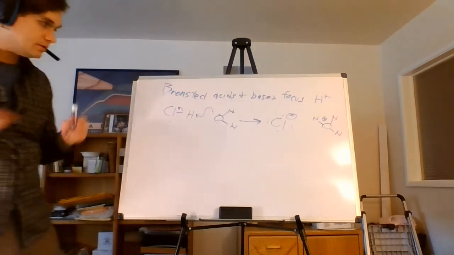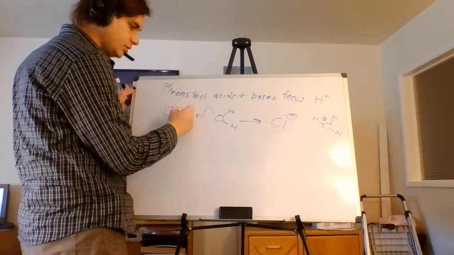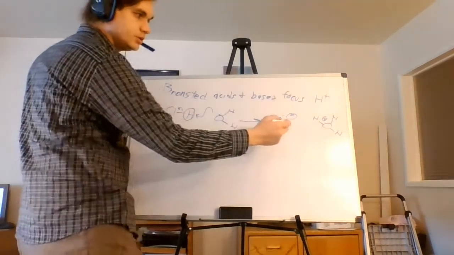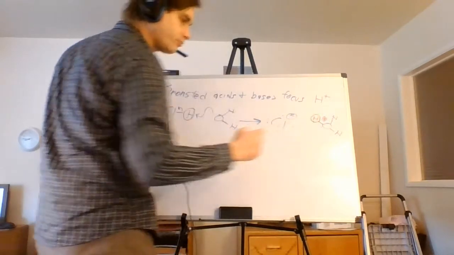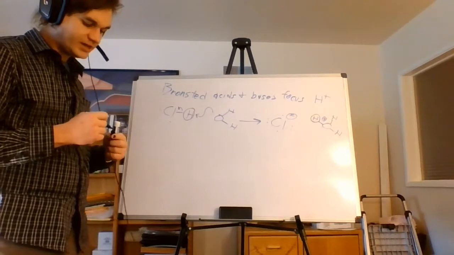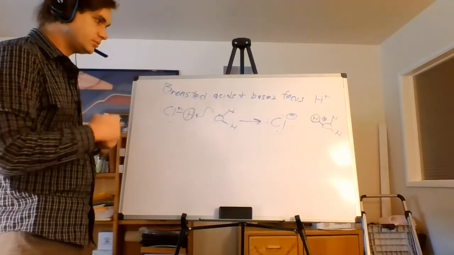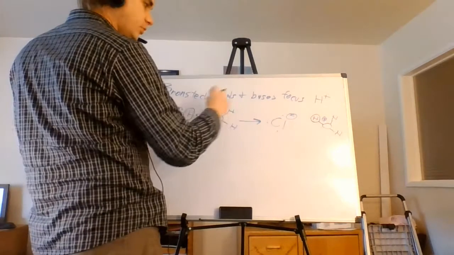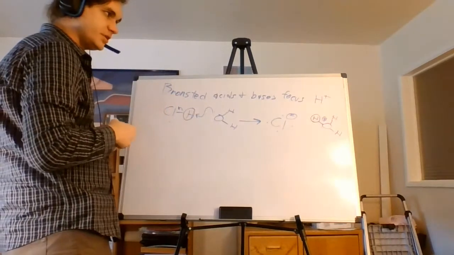So here, what we're focusing on is the hydrogen going from point A to point B. But there's a different way to look at this reaction. Bronsted acids and bases focus on the H+.